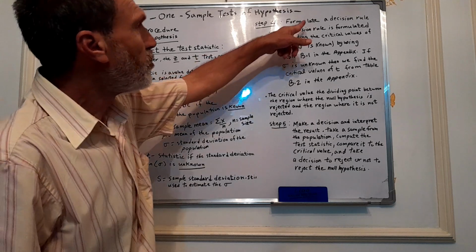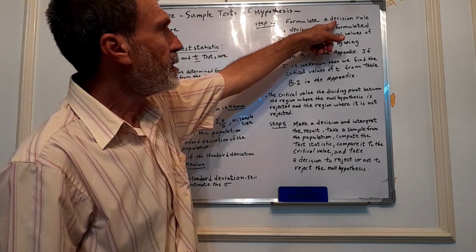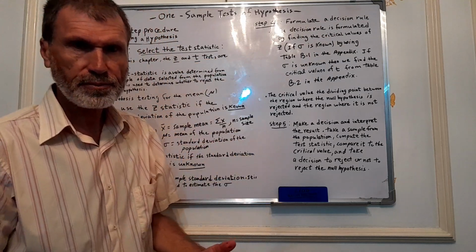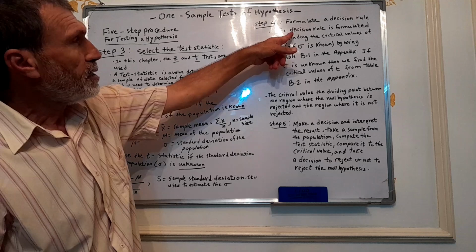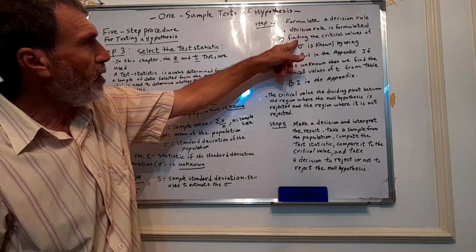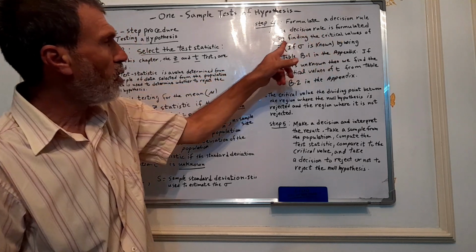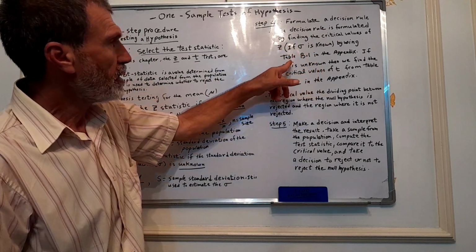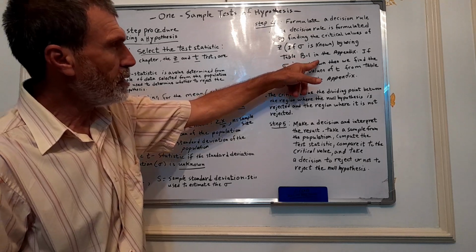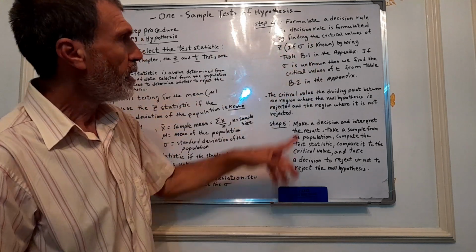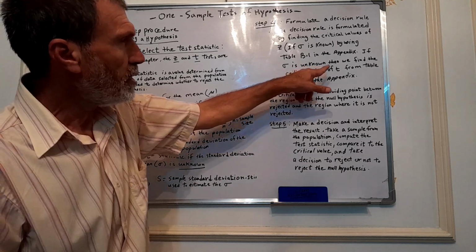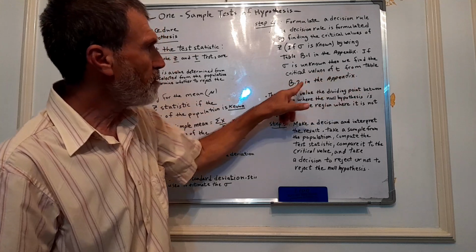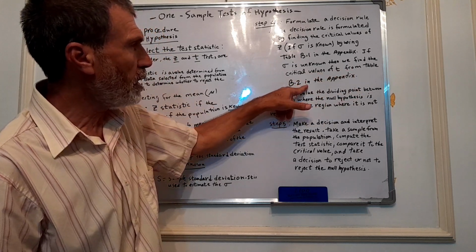Step 4, formulate a decision rule. We have to formulate a decision rule. The decision rule is formulated by finding the critical values of z if sigma is known by using table B.1 in the appendix. If sigma is unknown, then we find the critical values of t from table B.2 in the appendix.